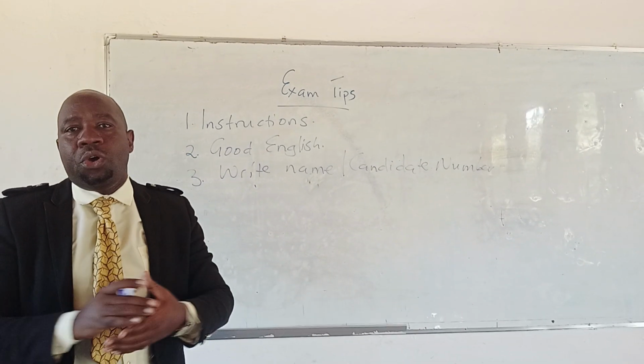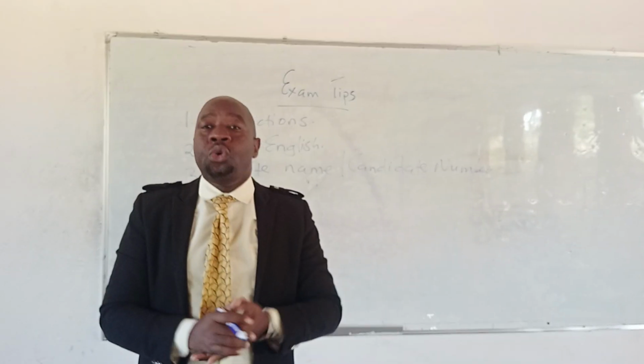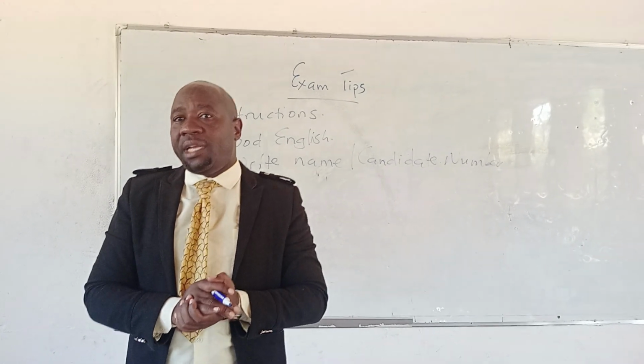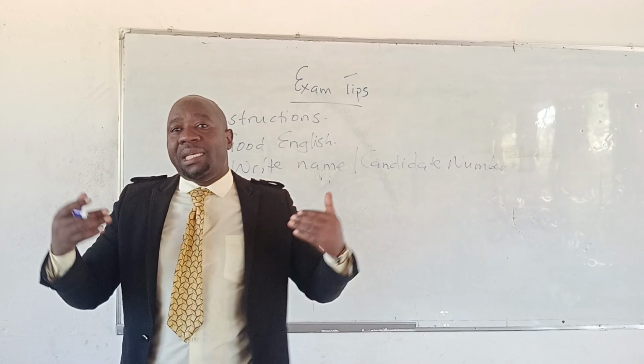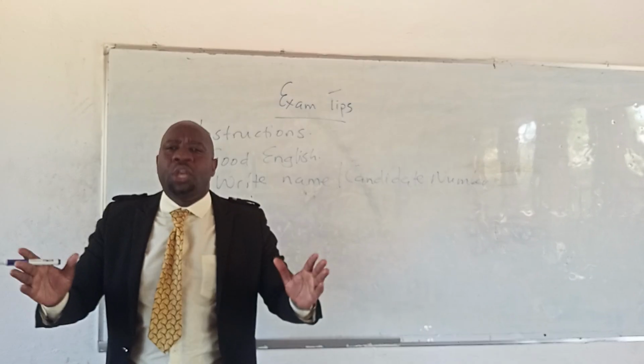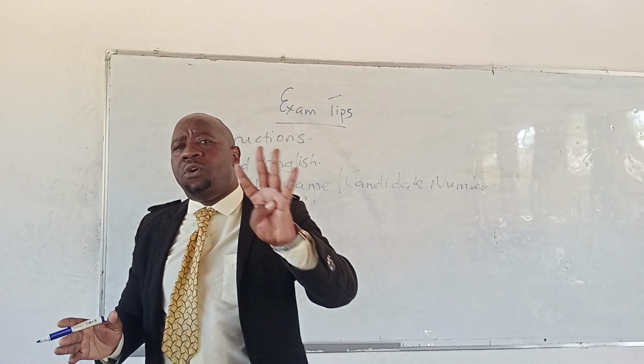When you open your question paper, you are supposed to start reading the questions that are in that question paper. Usually in our history papers, we've got 20 questions. From those 20 questions, you are supposed to choose only 4 questions.